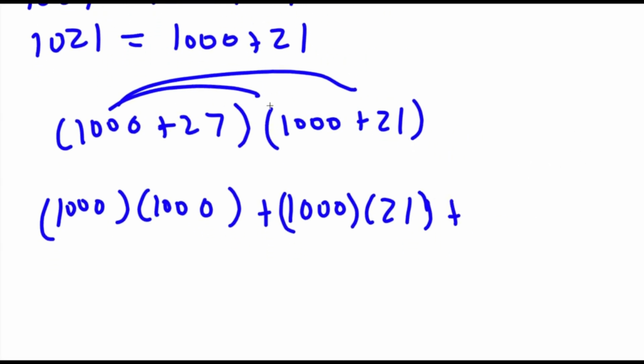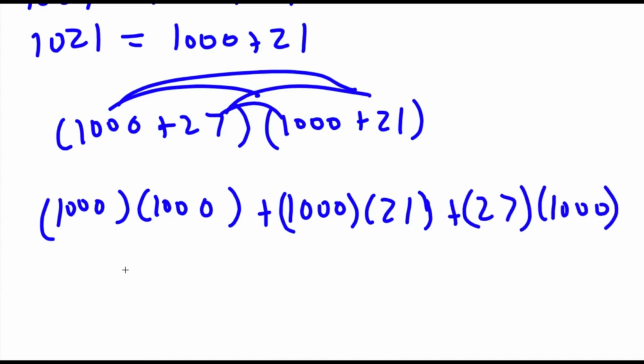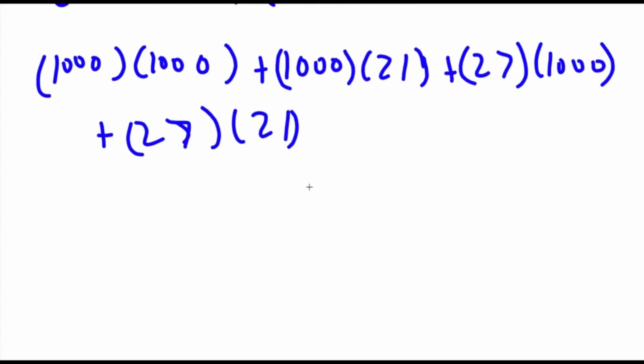Now I have this plus, now I'm going to distribute the 27. 27 times 1000 plus 27 times 21. Alright, so now 1000 times 1000, this is going to be, well, 1 times 1 is 1, plus 1, 2, 3, 4, 5, 6 zeros.